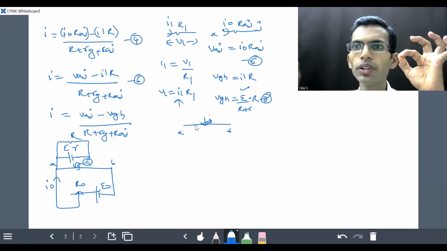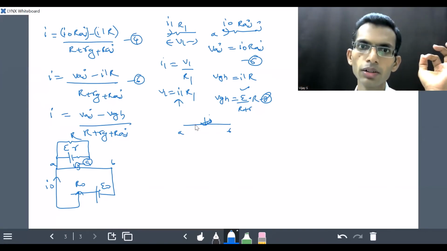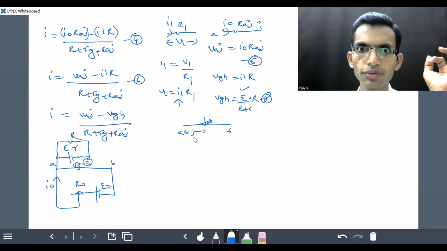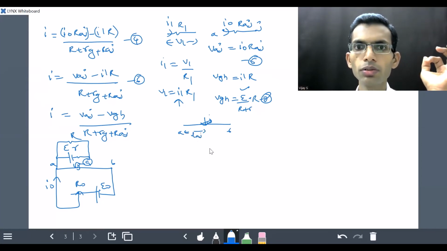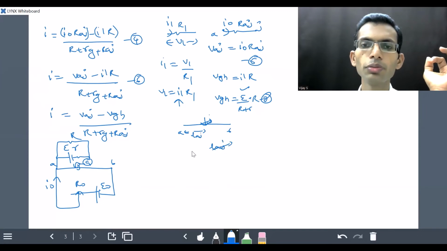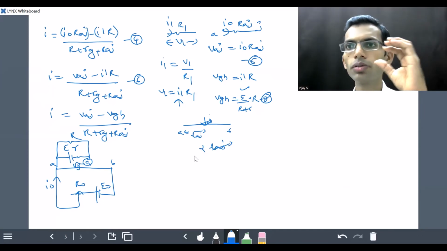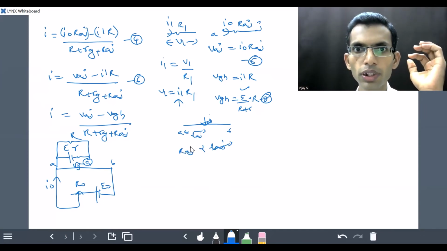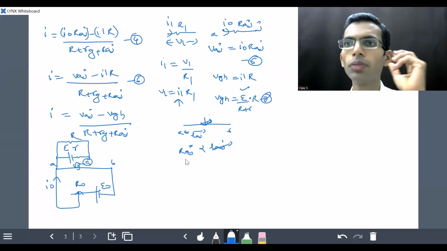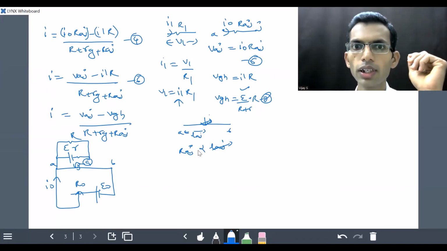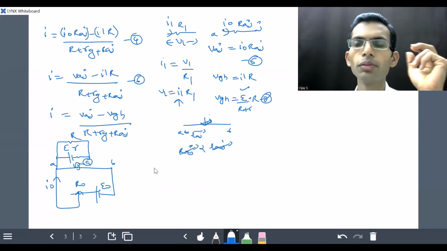The length of the wire between this junction and the moving contact position varies. So this length of the wire, between this one and this one, that is LAJ, is going to become variable when we move the moving contact. Resistance is proportional to length, since we know resistance is rho L by A, so that is also going to become variable.